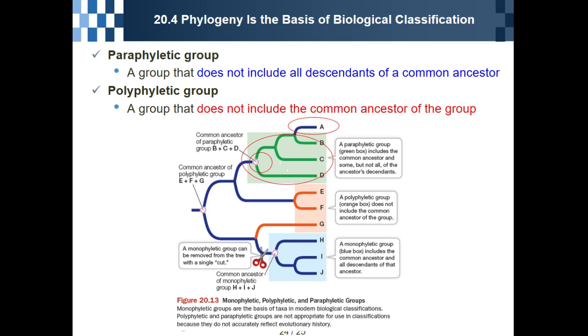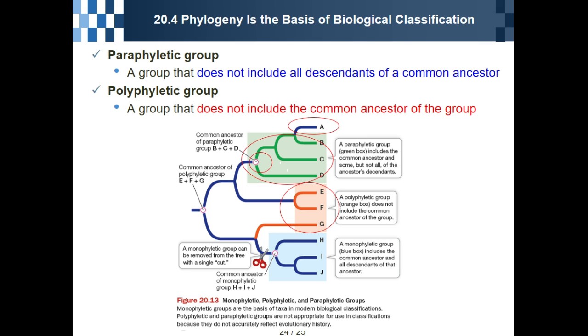Another one we call the polyphyletic group. For example, the red scale is composed of E, F, G. The common ancestor of E, F, G is located here.